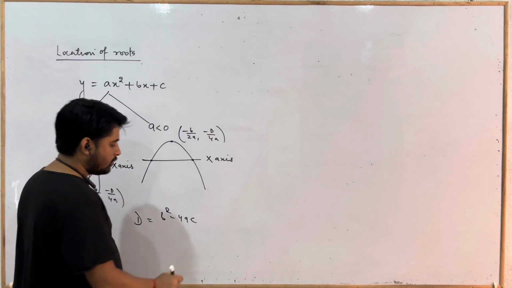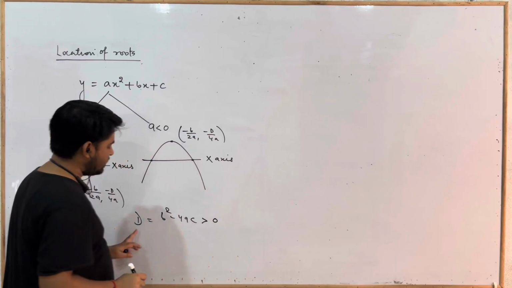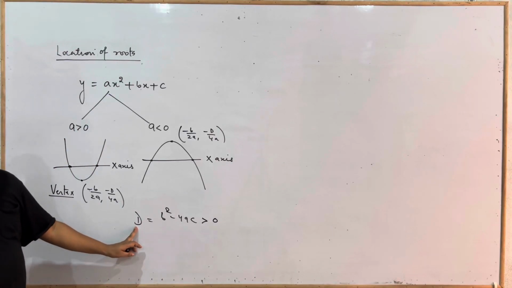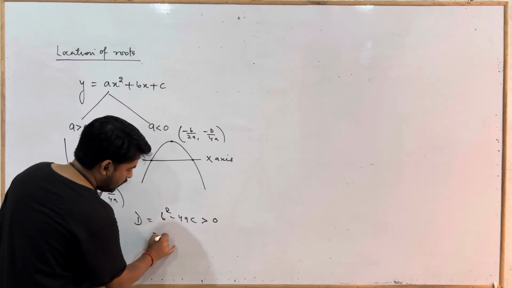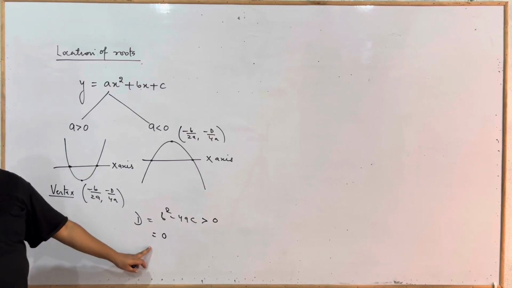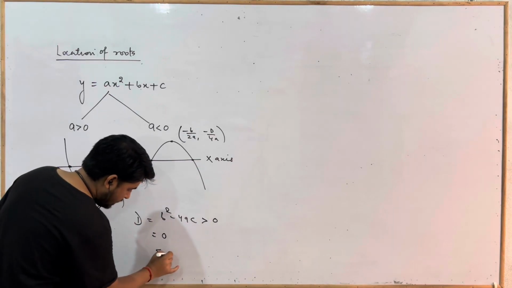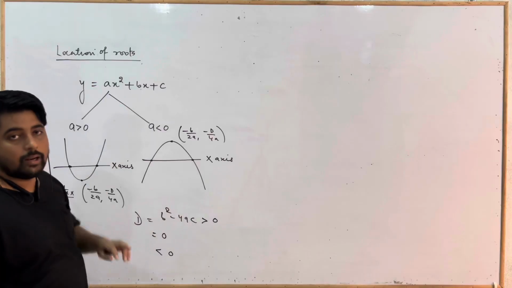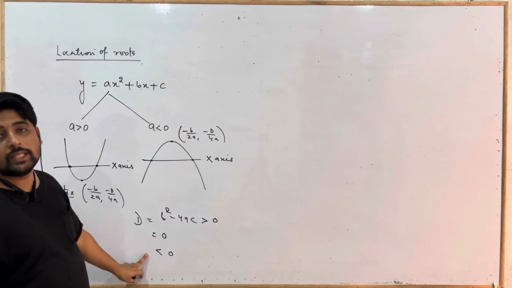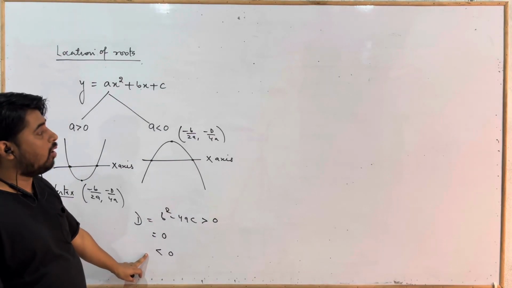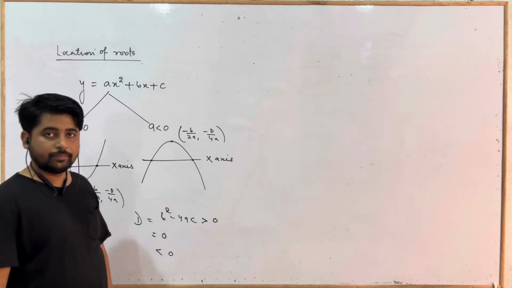If b square minus 4ac is greater than 0, we can say that roots are real and distinct. If d equal to 0, that means roots are real and equal. And if d is less than 0 and a, b, c are real numbers, then roots are imaginary and occur in conjugate pairs.